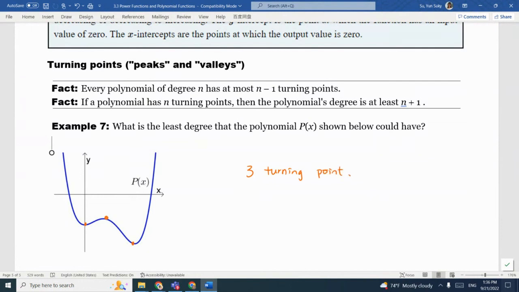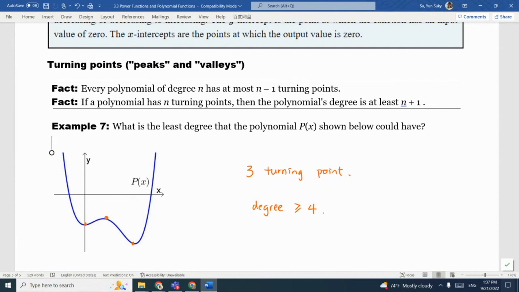And we know the degree is at least 1 plus that. So the degree is at least what? 4. Degree is at least 4. And that's it. Very easy, right?